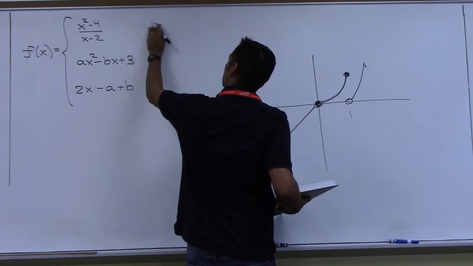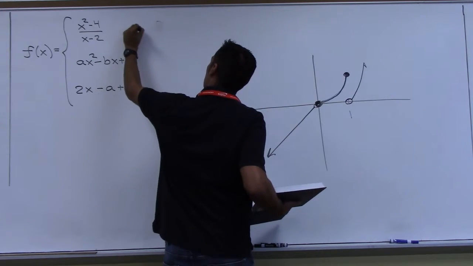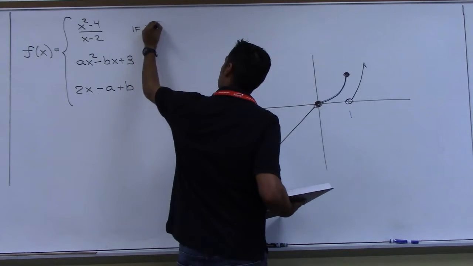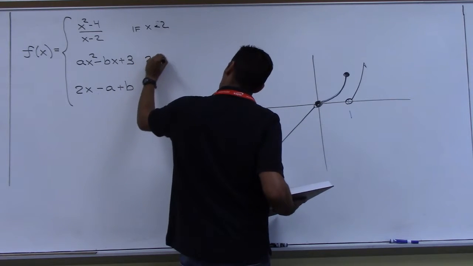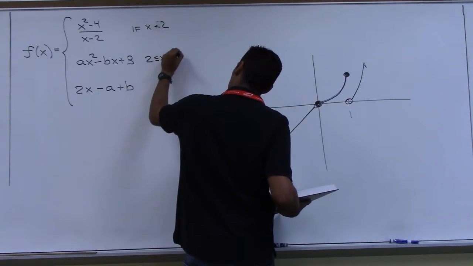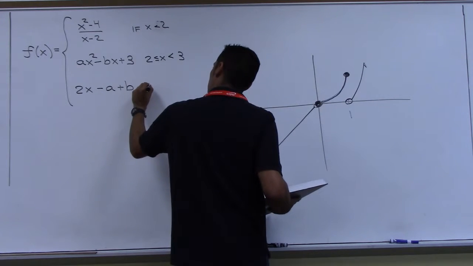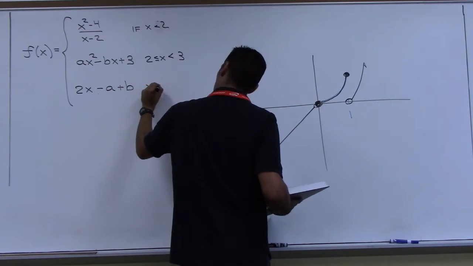If x is less than 2, here, if 2 is less than or equal to x is less than 3, and here, if x is greater than or equal to 3.